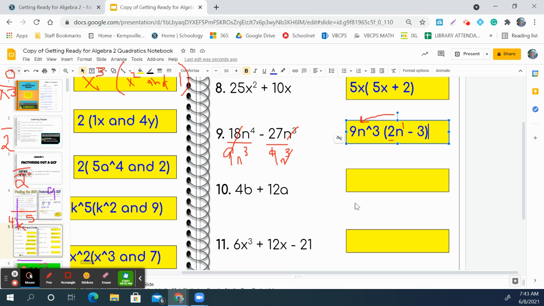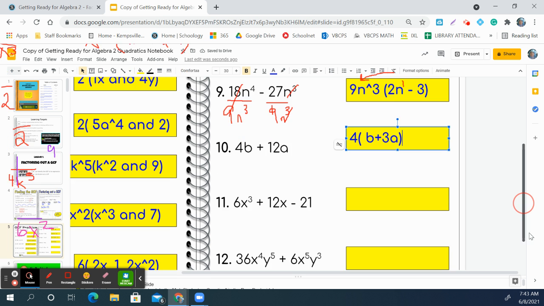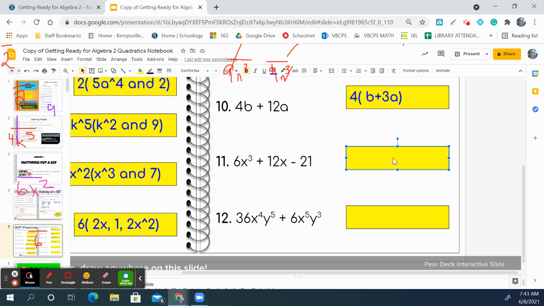What about number 10? 4 for sure. And what's inside the parentheses? Sweet. And then number 11? 3?